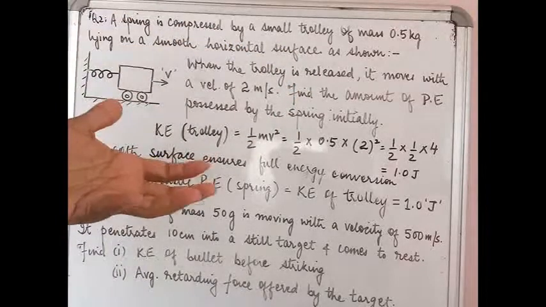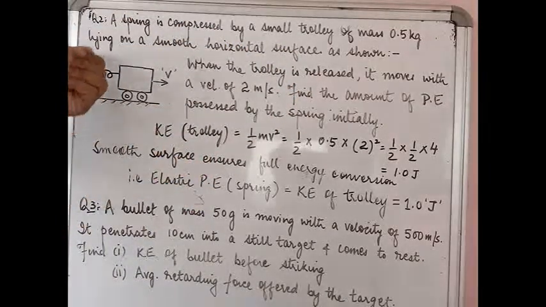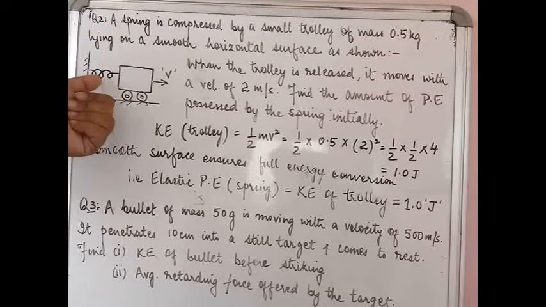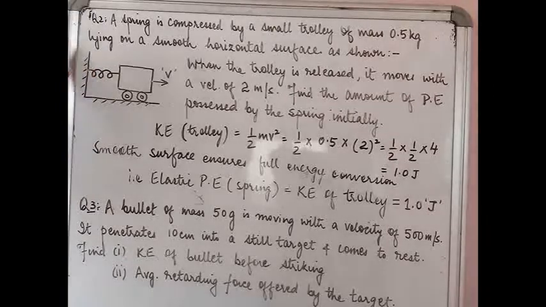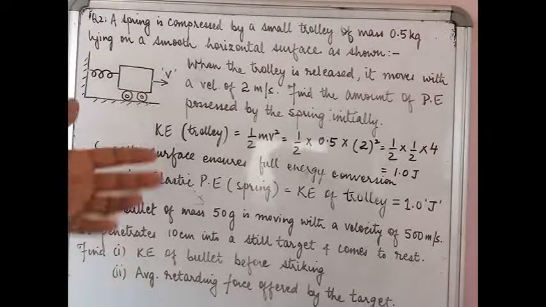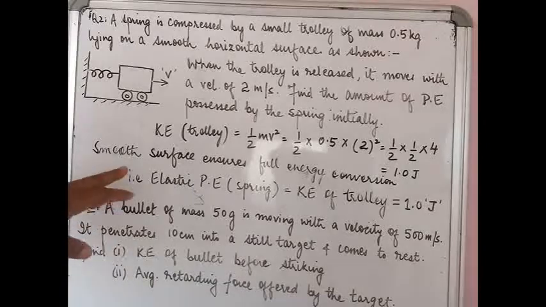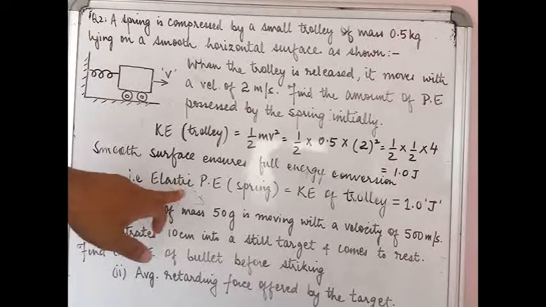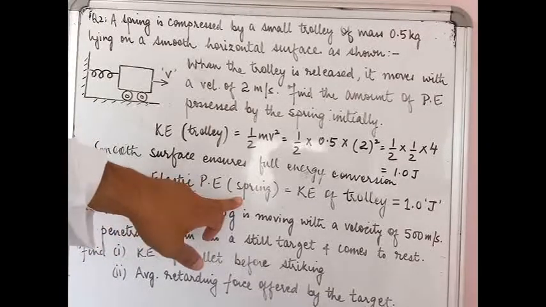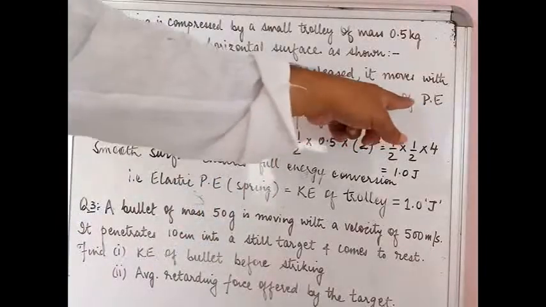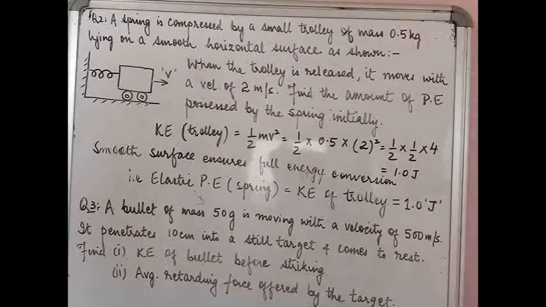Now from where did this energy come? Obviously it came from the transformation. When the elastic potential energy of the spring got transformed into kinetic energy, this is what we have got. So that is the elastic potential energy of the spring, which has been asked in the question: find the amount of potential energy possessed by the spring.